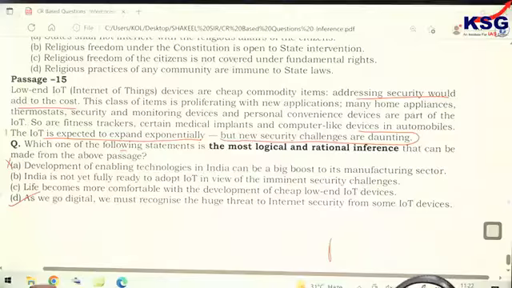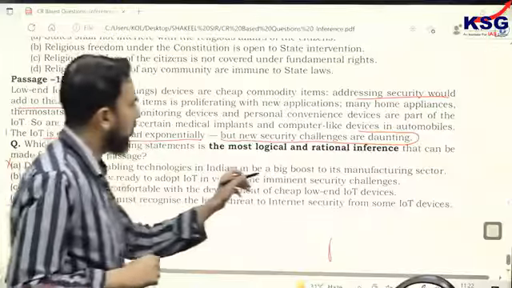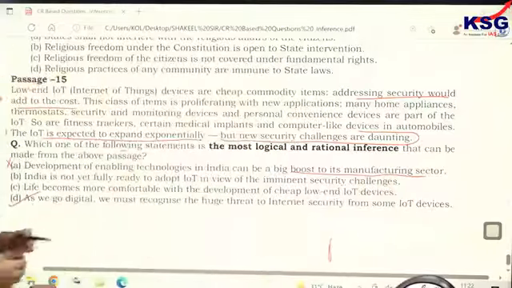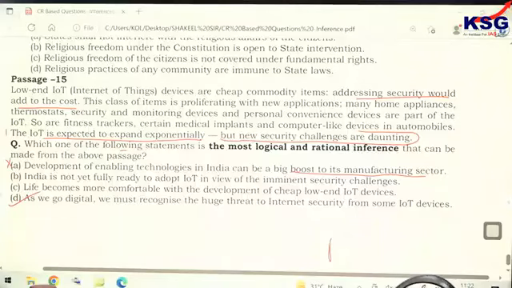Had it mentioned security technology, but it only mentions enabling technologies. Can be a big boost to its manufacturing sector. Okay, the big boost, again we do not know, though its expansion is clear, it's present almost in all walks of human life. So can be a big boost to its manufacturing sector lacks data.